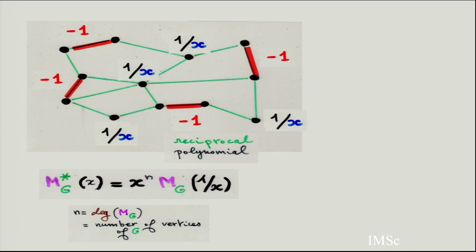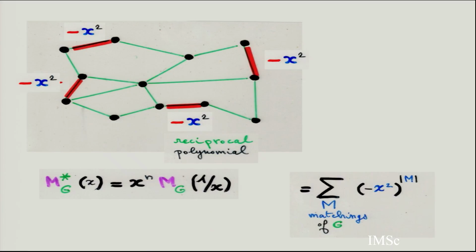And so for the reciprocal of the matching polynomial, you just have to replace x by 1 over x and then remultiply. So each isolated point is replaced by a weight 1 over x, and then you remultiply by x to the power n to get a polynomial, and this gives you minus x squared for each edge, and 1 for each isolated point.